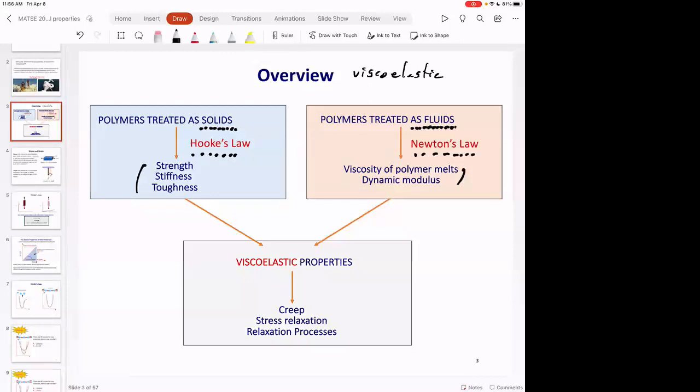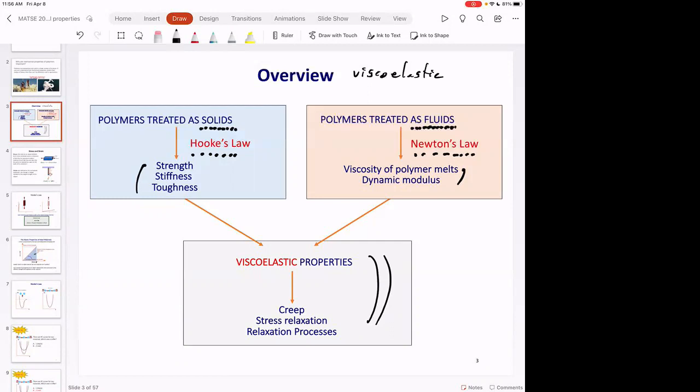So we'll talk about viscosity, Newton's law, we'll talk about elasticity, Hooke's law, and we'll put those together in order to come up with some really unique things that polymers do in terms of creep, stress relaxation, and other relaxation processes.